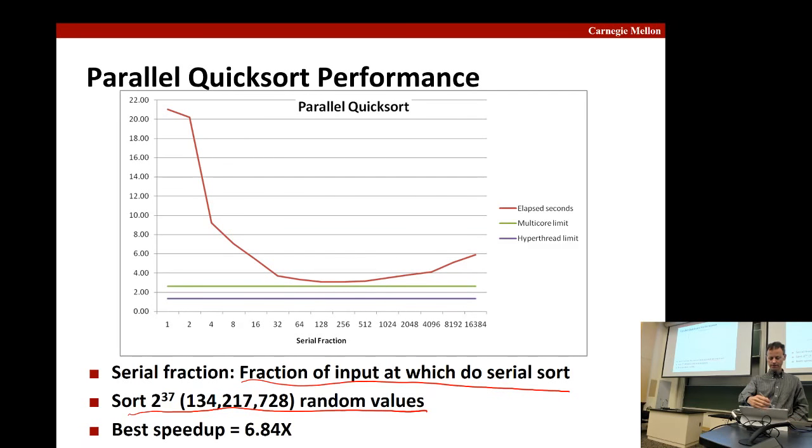So if 1 means we do serial the whole way, that's way up here. As we go further along this curve, somewhere in here, I guess, we reach a sweet spot. Somewhere in here, not clear exactly where the lowest spot is.